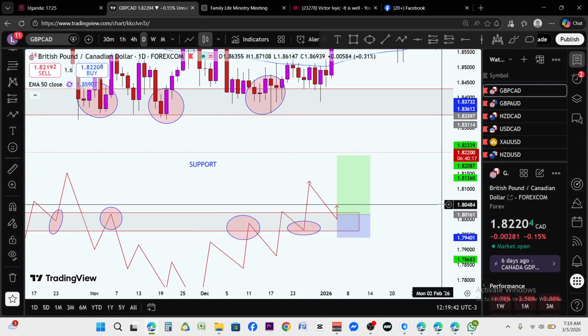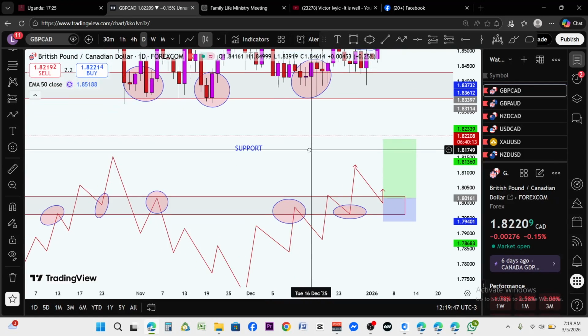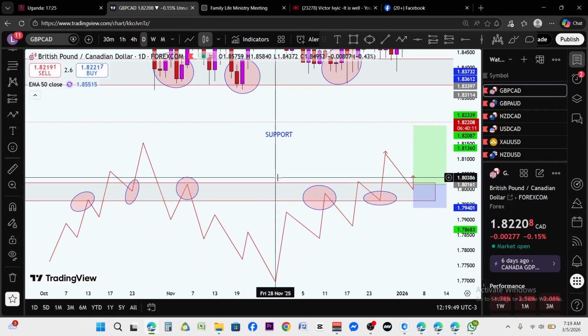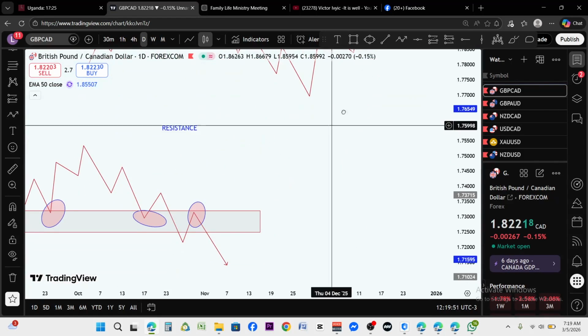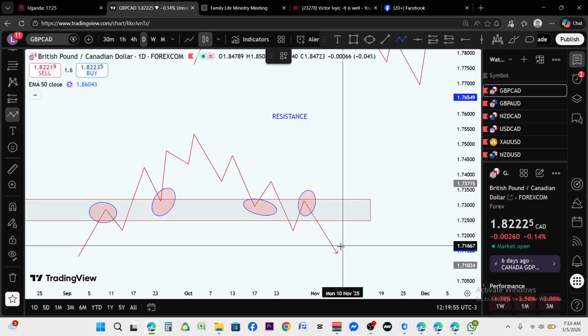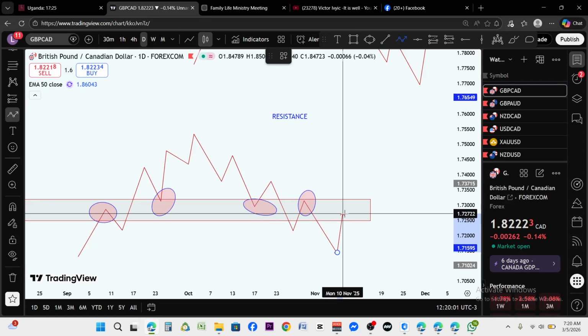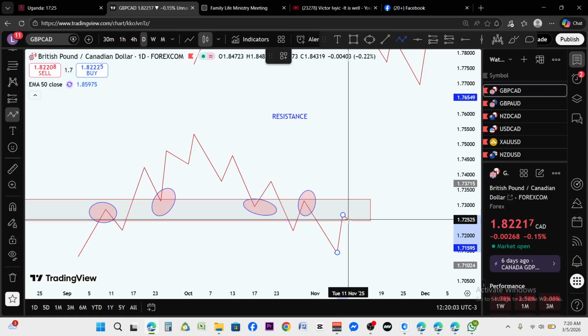This is how you can use support correctly. And how can you use resistance correctly? I'll first wait for the price to come back to this zone and reject this zone.